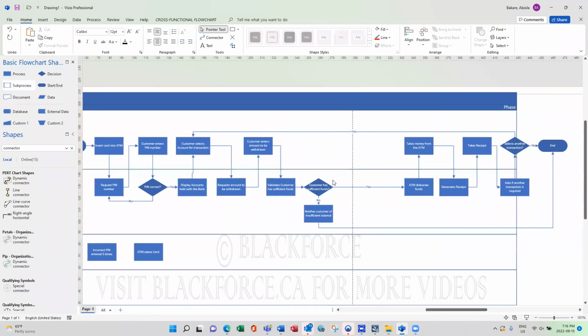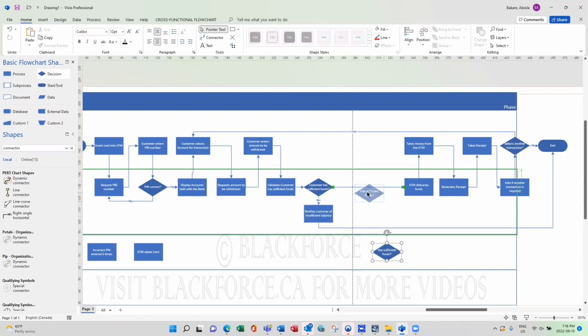Okay. What happened now? So now we know that the customer has enough funds, but before the ATM can disburse it, the ATM needs to check if it has enough money to give the customer. So that's a decision. I'm just going to type it out first. Has sufficient funds, okay?